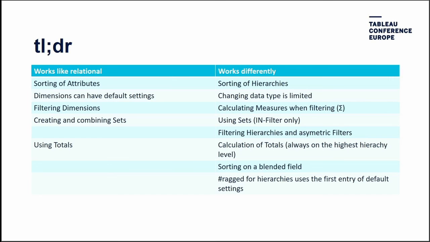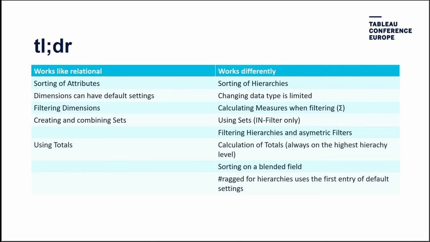But I have not gone into actually changing the data type. For example, on a hierarchy you can only change the geographical role. You cannot change the hierarchy to a date, a string, or a decimal value. That is set. We can change other dimensions, the ones that are not a hierarchy, a little bit, but that is only because we are using MSIS here.